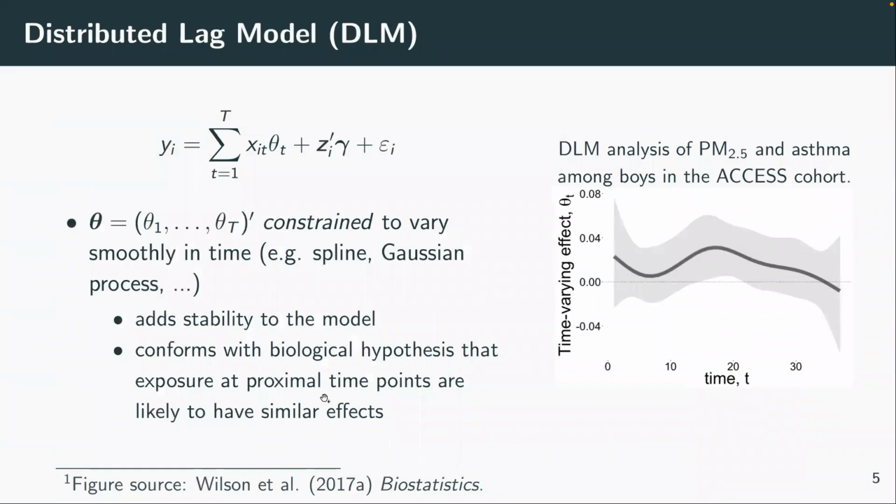To deal with this type of data, what's often used, or at least more recently has been used quite a lot, is a distributed lag model, or DLM. On the face of it, a DLM takes a pretty simple structure. We're regressing our outcome Y on repeated measures of an exposure. So we have exposure X at times 1 to big T, which in our examples will be 37.